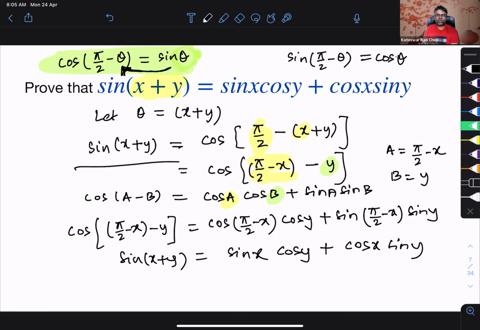Okay, so again, I'll pause here for a minute. Let me know if you have understood this. Okay, so can I say we are okay here?